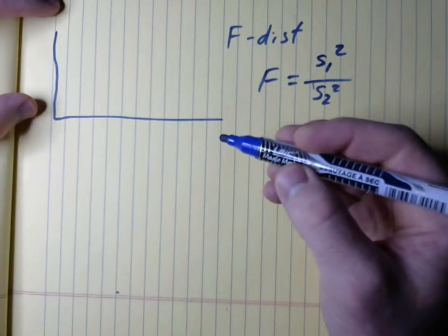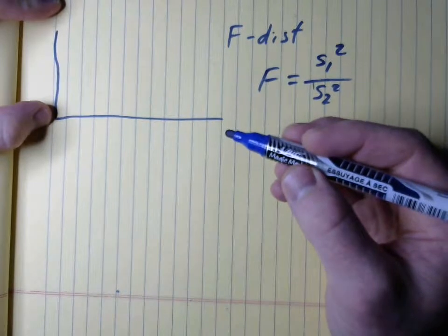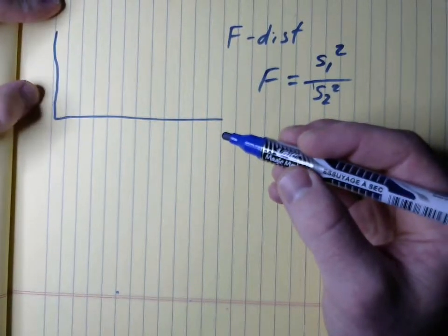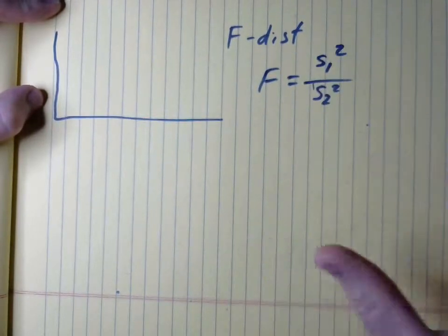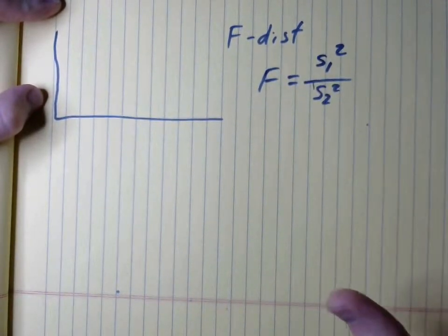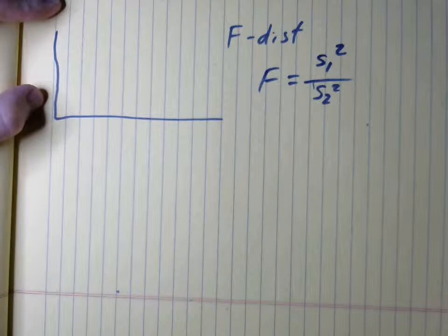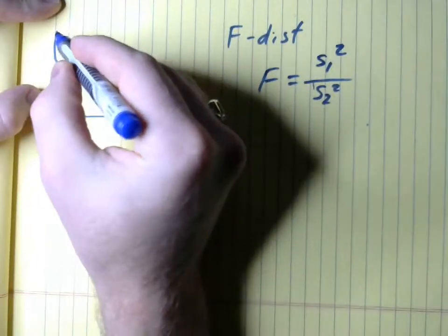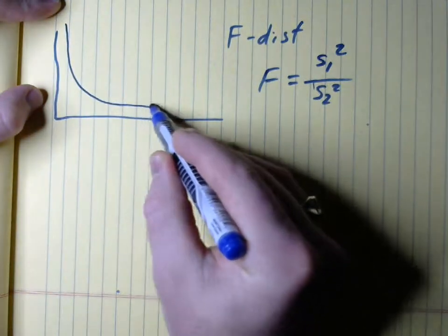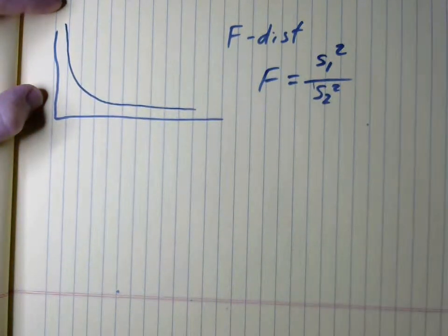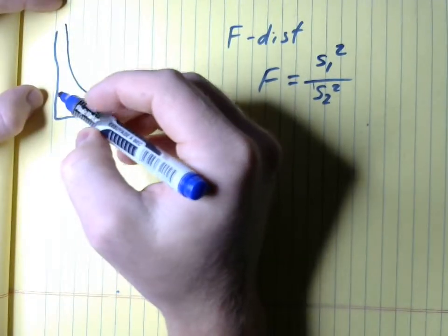The general shape is very similar to the chi-square distribution. The general idea is that as the sample sizes increase, it gets more and more normal. It starts out really extreme when you have small sample sizes.